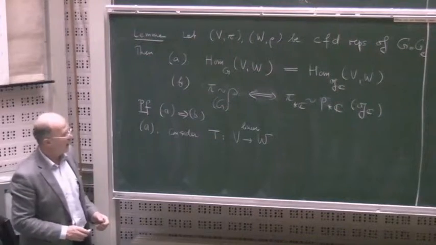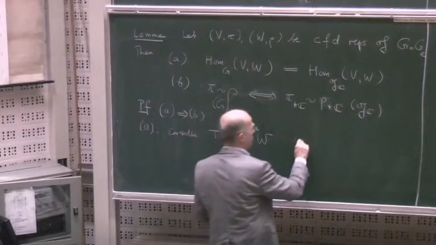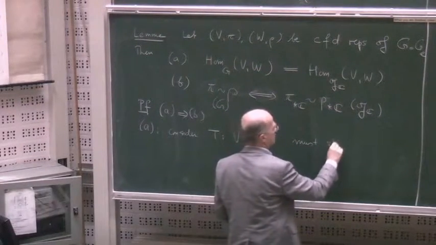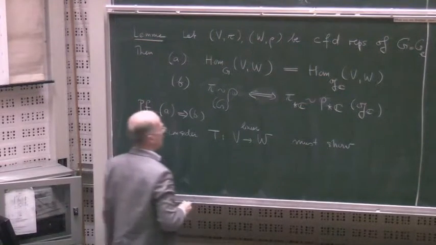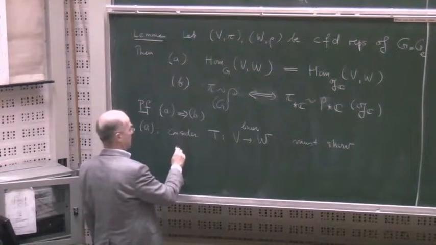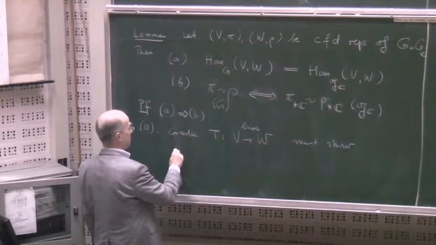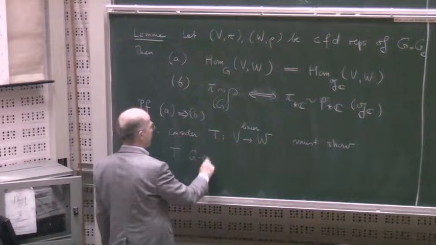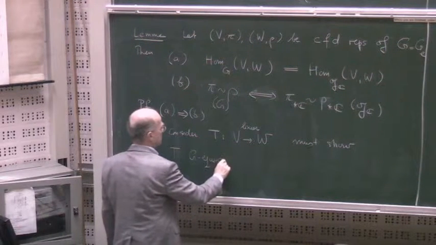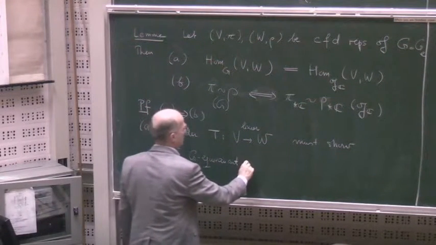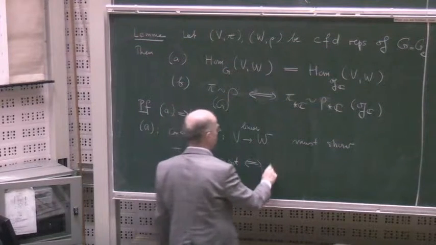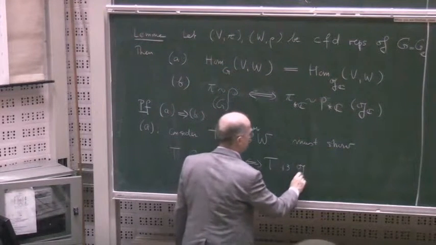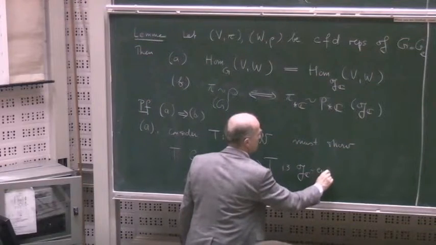So we must show that T is G equivariant is equivalent to T is GC equivariant.